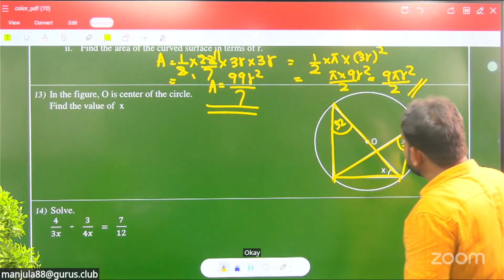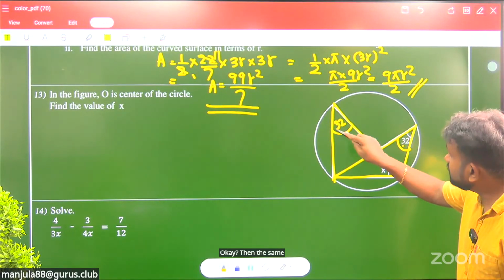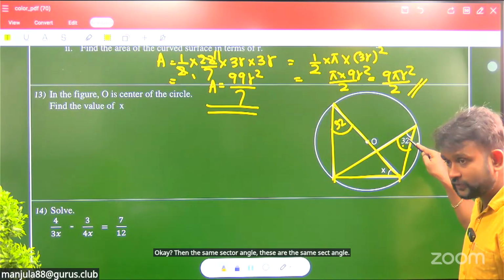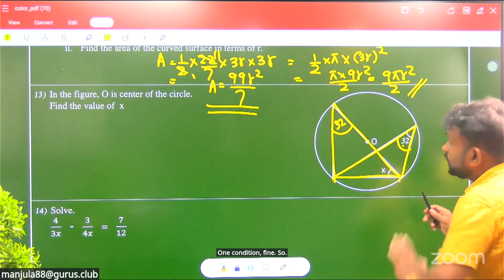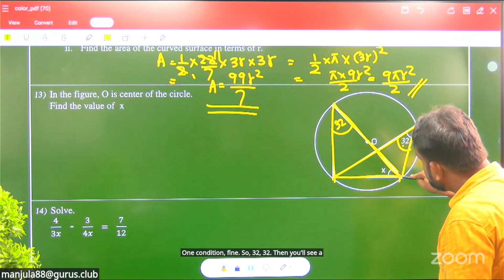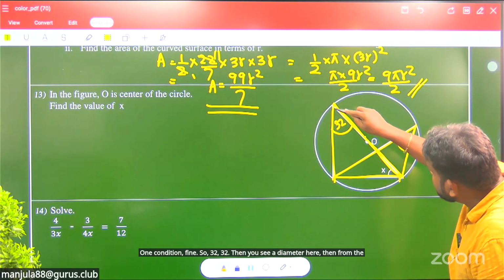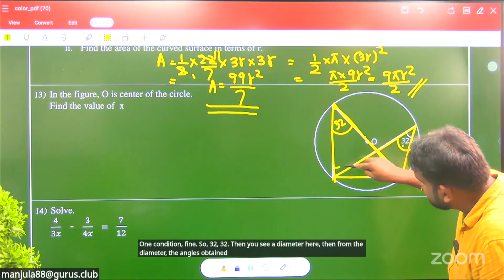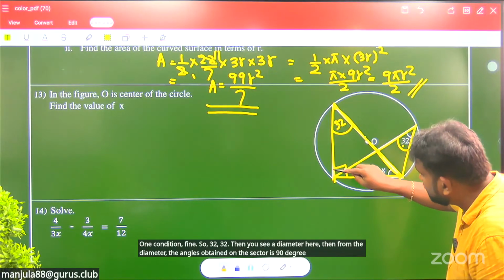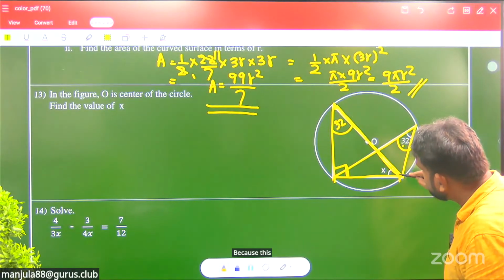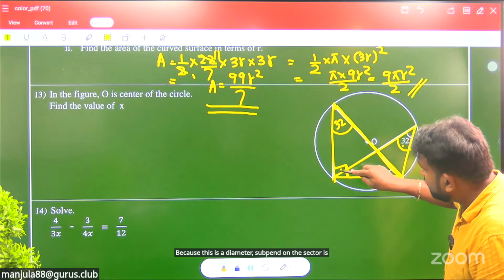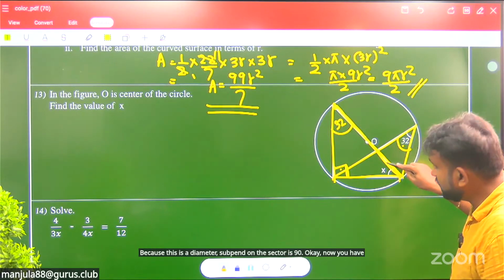These are the same segment angles, one condition, fine. Then you see a diameter here, and the angle subtended by the diameter is 90 degrees. Always mark this 90 because it is a diameter. Now you have 90 and 32, and they are asking x.